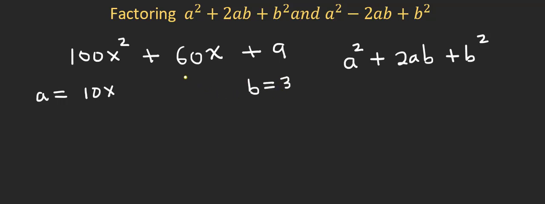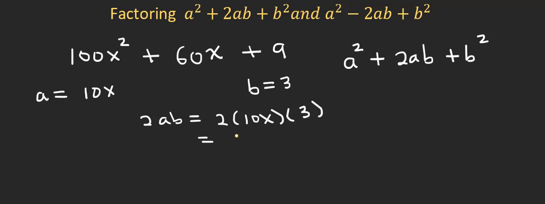Now the important thing is, when you have 2ab, that has to equal 60x. Let's check. 2 times a, which is 10x, times b, which is 3. When you multiply, what do you get? We get 60x. So this is a perfect square.